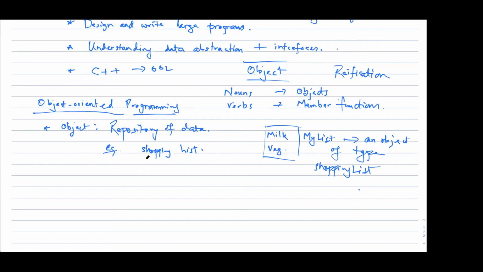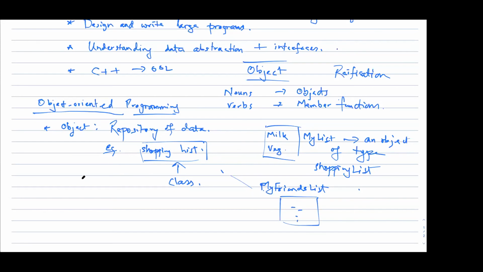Therefore, shopping list in this case is what becomes a class or a type of object. And you can now create different kinds of instantiation of this class, or you can make an object that belongs to this class. So this is my list, but your friend may come and create their own list. So you can say, I have another list that's my friend's list, and they may have a set of things in there.